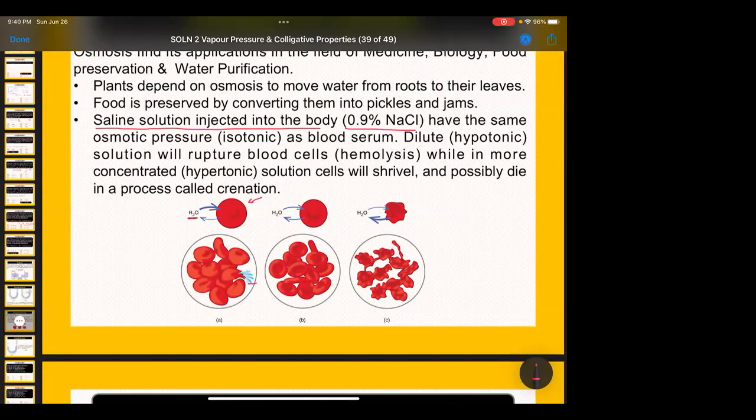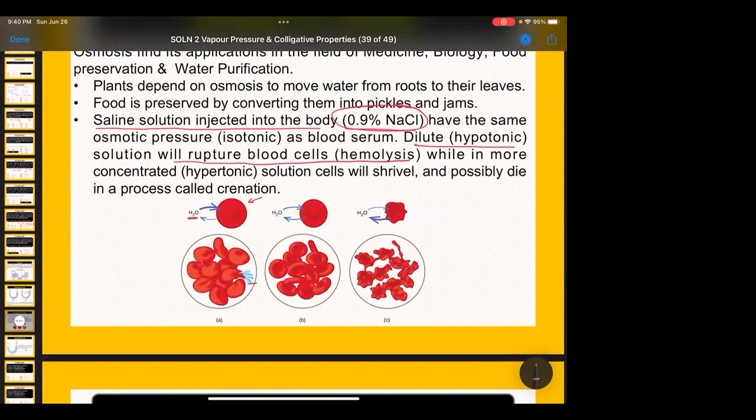So if you put a dilute solution, as compared to the concentration of the solution in the blood cells, the solution will rupture the blood cell, that is hemolysis. While if you put a more concentrated solution than this one, then what is going to happen?